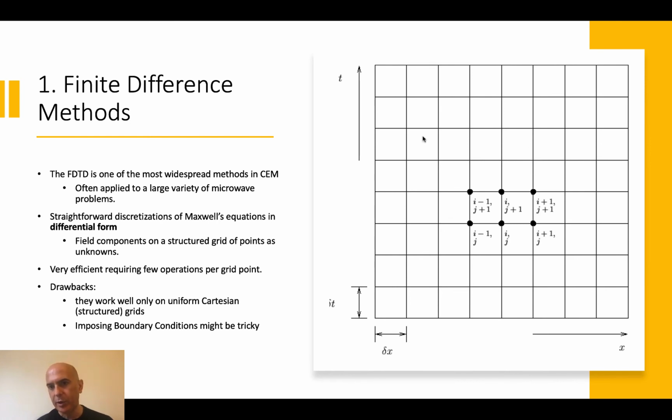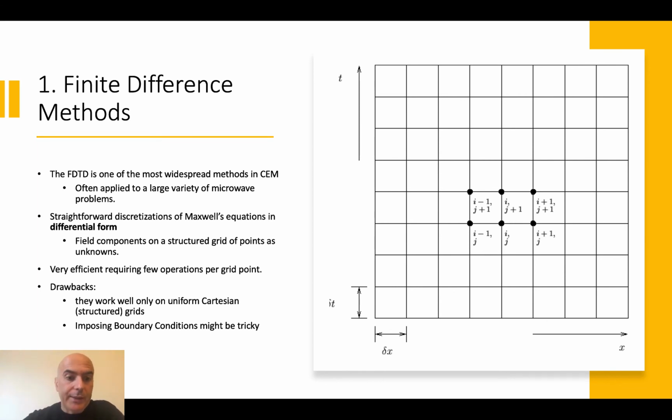So each point of this grid will host the value of the electric field and of the magnetic field. The finite difference method is a very efficient technique because it requires few operations per grid point. Despite the simplicity, the method also has a few drawbacks that we are going to discuss during this course.